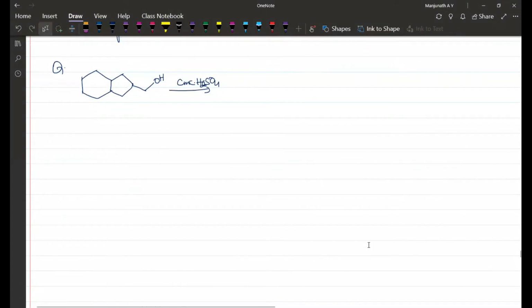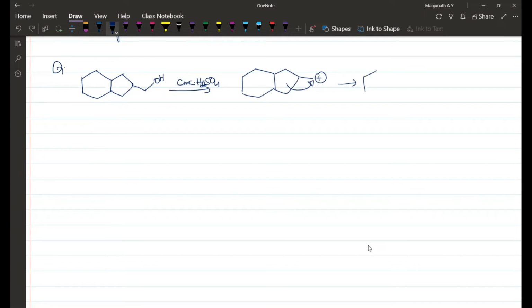Let me write the product. First let me form the carbocation. This will be the carbocation. Now obviously this will expand because it is a 5-membered ring, which is less stable compared to a 6-membered ring. So this will be the carbocation form.